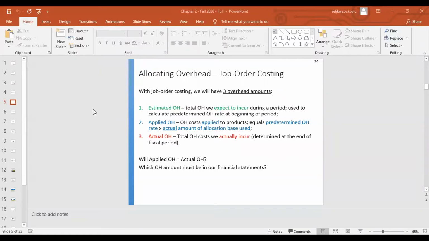Now, why are we estimating this in advance? Well, for a couple of reasons. One is that we will learn this in the second part of the class after the midterm when we start doing budgeting. So we need to have some budgets. We need to plan in advance. So you already see that this class should be interesting, right? Should be actually fun, because it's not just memorizing things.